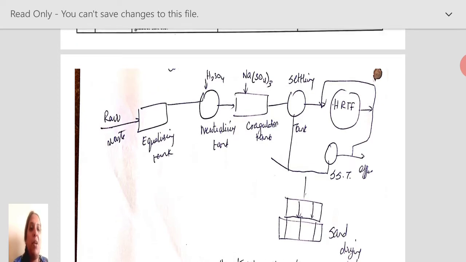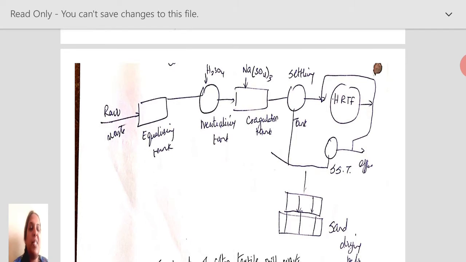In the equalization tank, the flow gets equalized, depending on the industrial process, whether it is continuous mode or intermittent mode. Then it is taken to the neutralization tank, where specific chemicals are added to neutralize to normal pH. Here H2SO4, sulfuric acid, is added because the pH of this textile wastewater is in the alkaline range, so we add acid so that it gets neutralized.